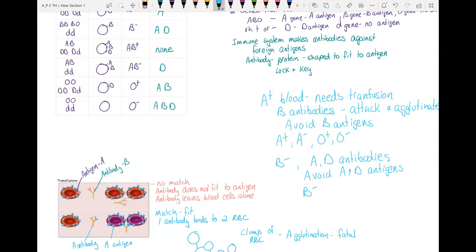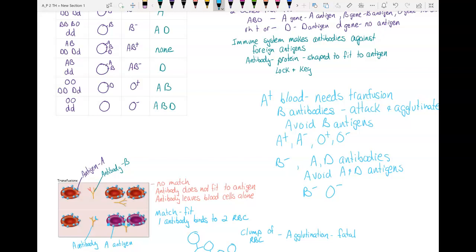Okay, AB positive, again, you would agglutinate with two of those, the A and the D. AB negative, your antibodies would cause agglutination with the A. O positive has a D. You would cause agglutination. O negative has nothing there. You can get O negative. So if you have B negative blood and you need a transfusion, you can get B negative or O negative.